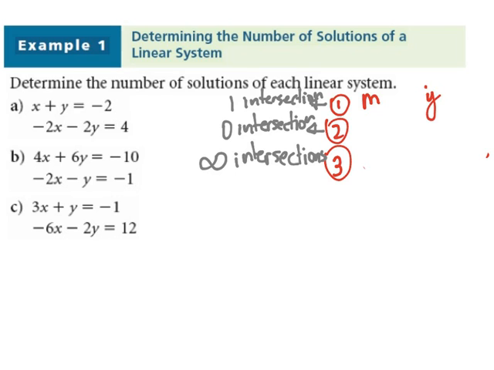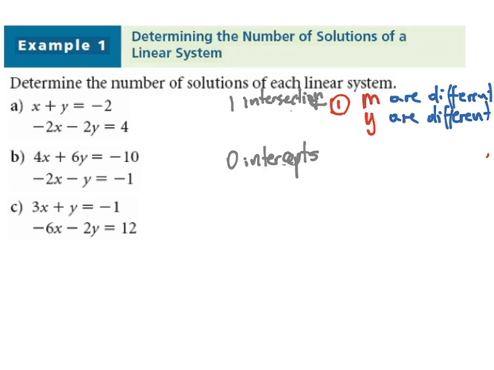For one intersection or one solution, slopes are different. For zero intersections, slopes are the same, while the y-intercepts are different.